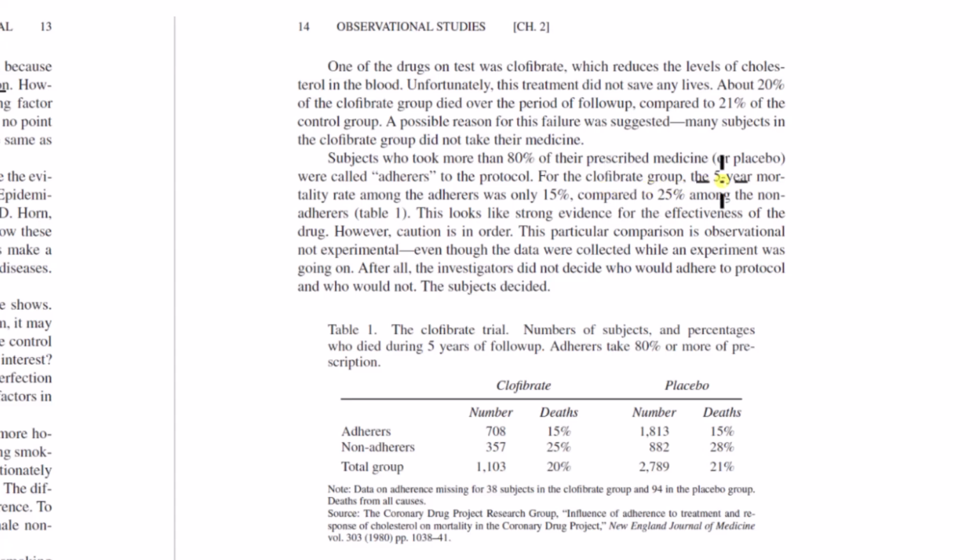That's the definition of an observational study. For the clofibrate group, the 5-year mortality rate among the adherers was only 15%, compared to 25% among the non-adherers. Okay, so that's promising, right? 15% death rate for adherers, 25% for non-adherers. So maybe the clofibrate did work.